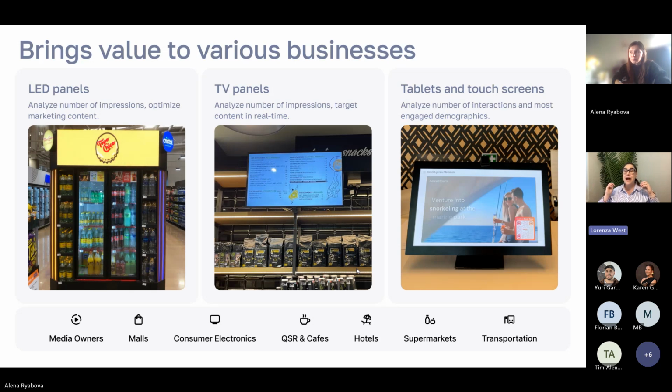So now we know how to further market. We see, oh, the guys in their 20s really love the off-roading bike excursions. That's where we're going to spend money in marketing to those people. So it's across every venue, or every channel, whether it's LED, TV, or tablets, it's super helpful and easy to utilize.